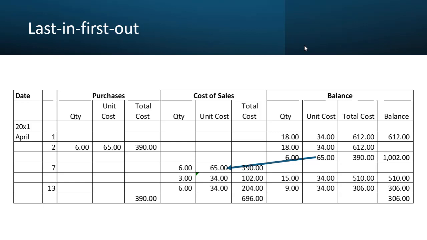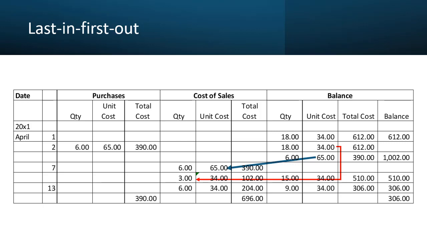So in this case, $65 will be the cost of that 6, and for the remaining 3 we will go up, and the basis of that costing will be the second recent purchases or the recent balance, which is the unit cost of 34. So we still have 15 units out of that 18 from the opening balance.